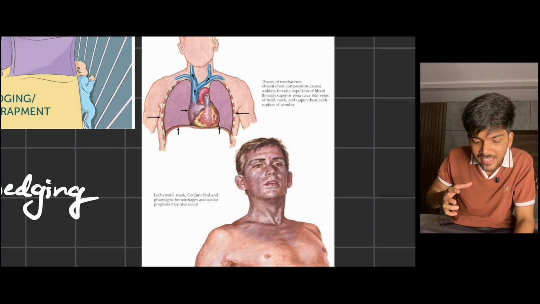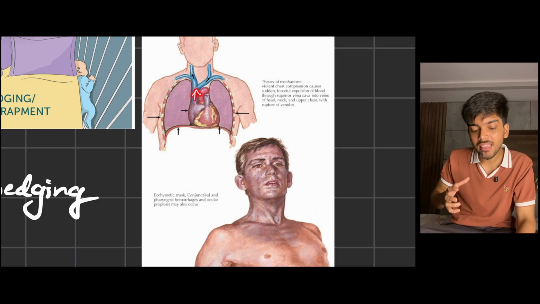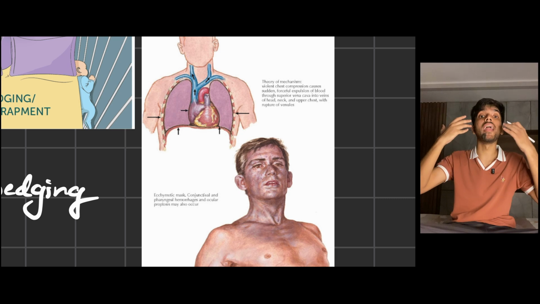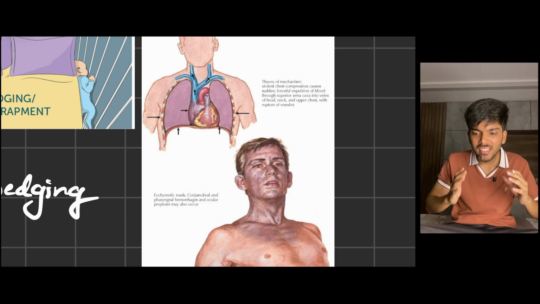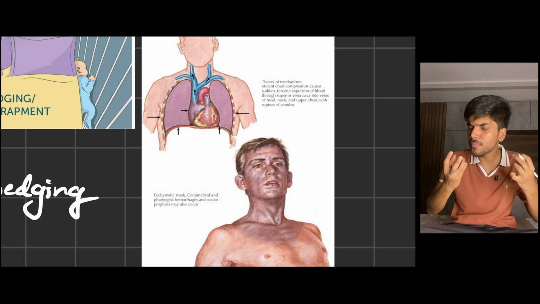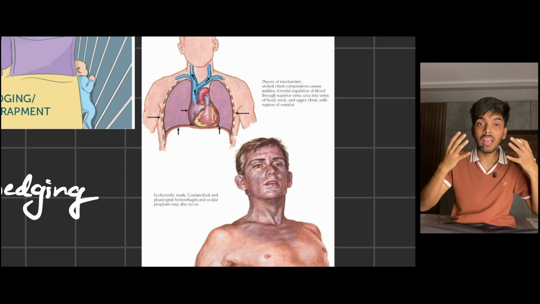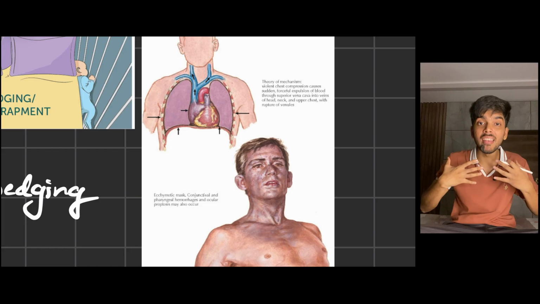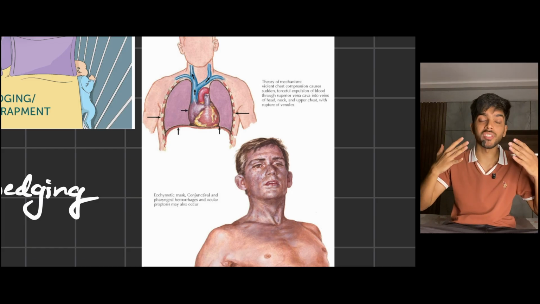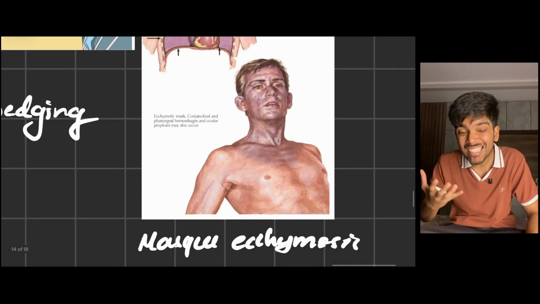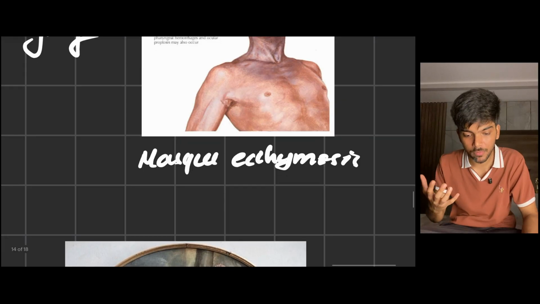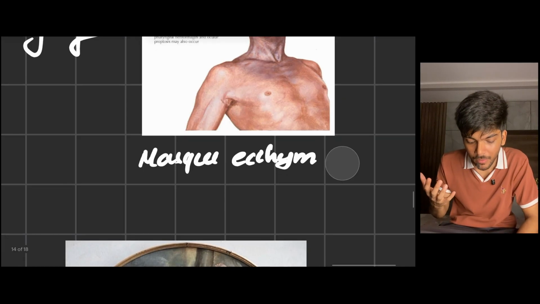This pressurizes the superior vena cava, and the blood from the superior vena cava returns back to head and neck. And there is increased pressure in the capillaries, they burst, and the blood pools out, which leads to congestion of head and neck above the level of obstruction, and gives that mask ecchymosis or mask ecchymotic.